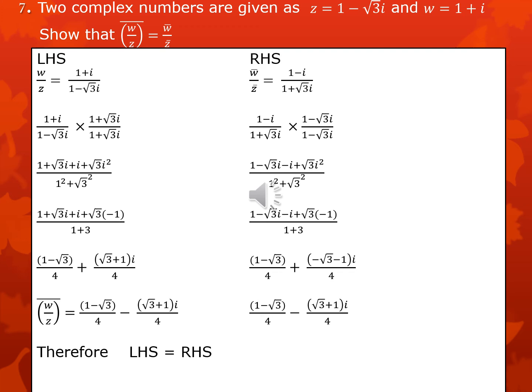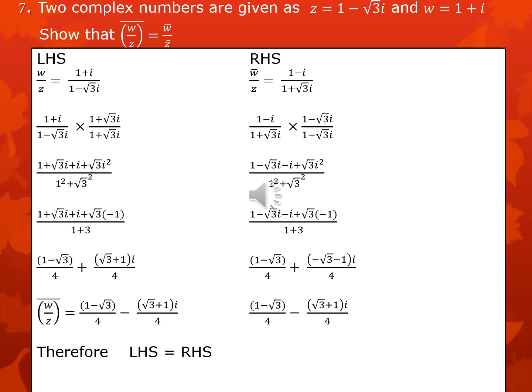Right hand side has conjugate of w over conjugate of z. So w is 1 plus i, therefore its conjugate is 1 minus i. z is 1 minus root 3i, so its conjugate is 1 plus root 3i.